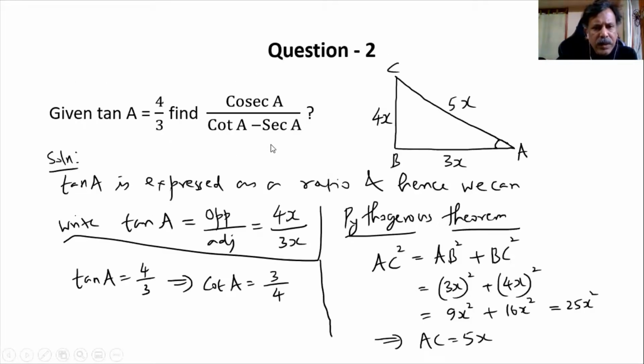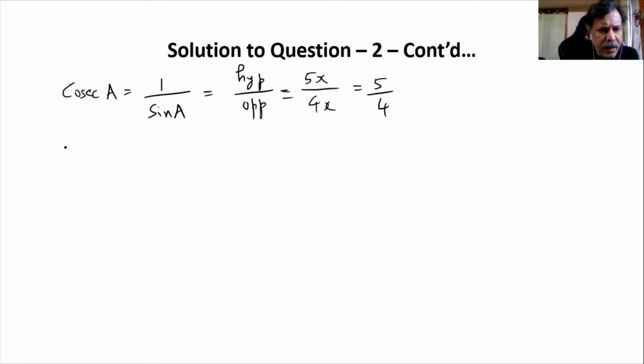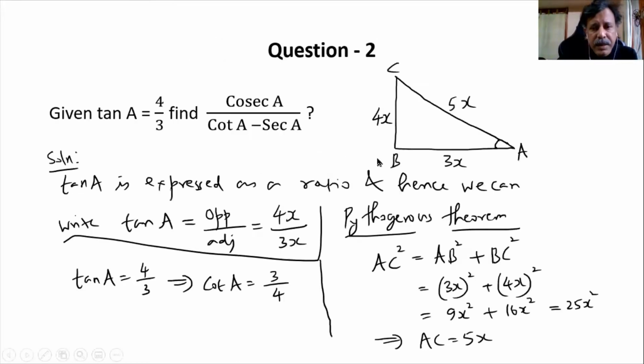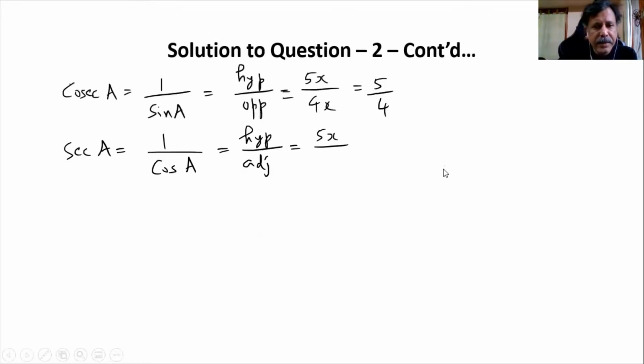Cot we already wrote, secant of A. So secant of A is 1 by cos A, inverse of cos A. We know cos A is adjacent by hypotenuse. That means this will be a reciprocal, hypotenuse by adjacent. What is hypotenuse? We know for A it is 5x. What is the adjacent? Adjacent of A is 3x. So this will work out to 5 by 3.